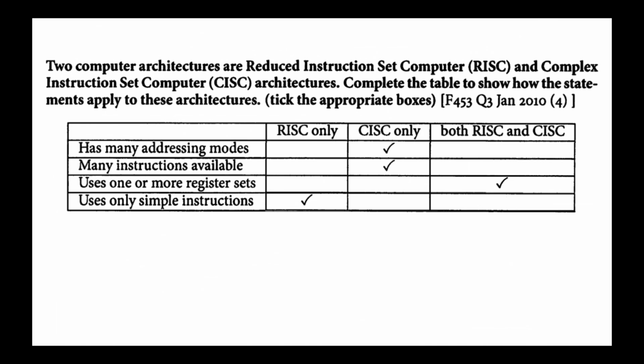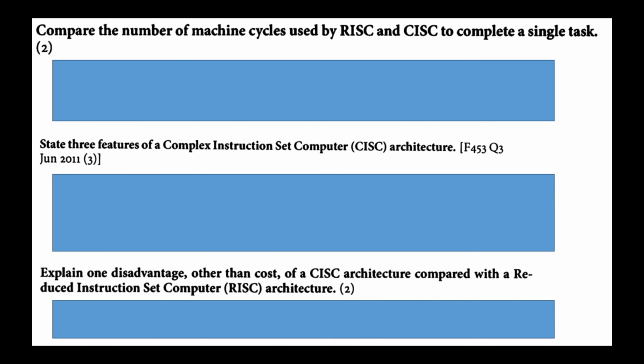Now, compare the number of machine cycles used by RISC and CISC to complete a single task. State 3 features of a complex instruction set computer architecture. Explain one disadvantage other than cost of a CISC architecture compared with a RISC architecture.